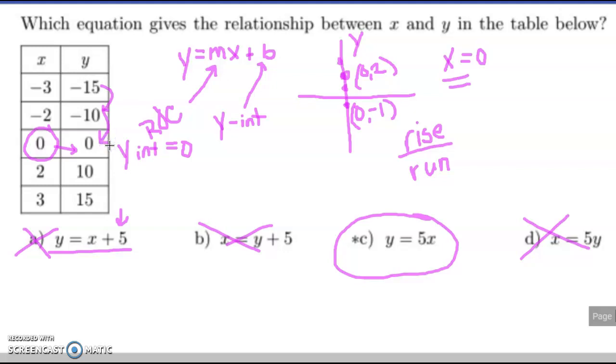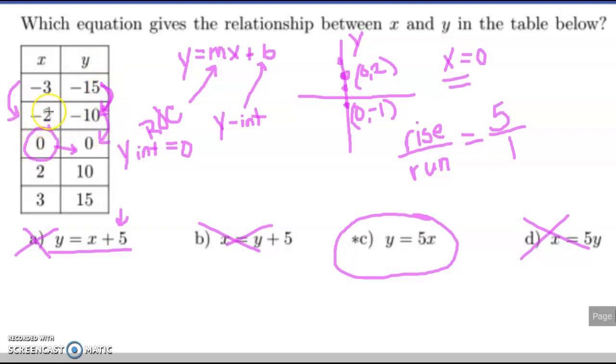Now the issue here on this table is that the scale on your x is not consistent. So what we have to do is, when our x value is going up by 1, my run is 1, I'm so sorry, I'm mixing up my words, because it's increasing by 1 every time. Notice that the y value is increasing by 5. So my rise is 5.